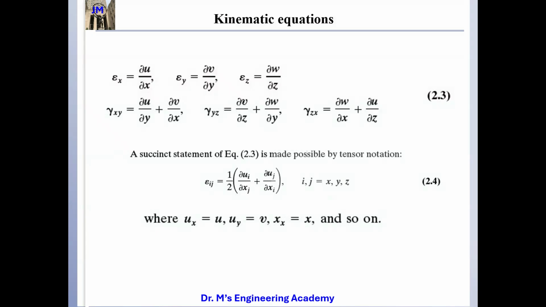So how are the displacements related to the strain? We have du/dx equals epsilon x, the normal strain in the x direction. Epsilon y is the normal strain in the y direction, which is dv/dy, where v is the displacement in the y direction. And epsilon z is dw/dz.